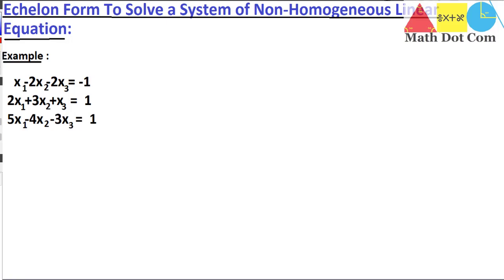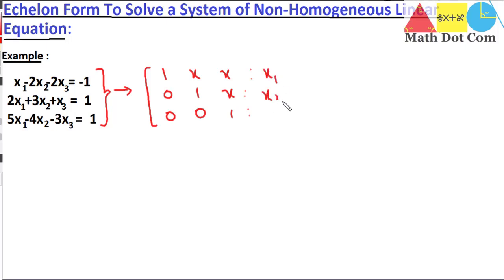The echelon form is, if I write it in a form: 1 0 0, then x 1 0, then x x 1, colon, x1, x2 and x3. So this is an echelon form in which we have to convert a given system of linear equations in order to find the values of x1, x2 and x3.